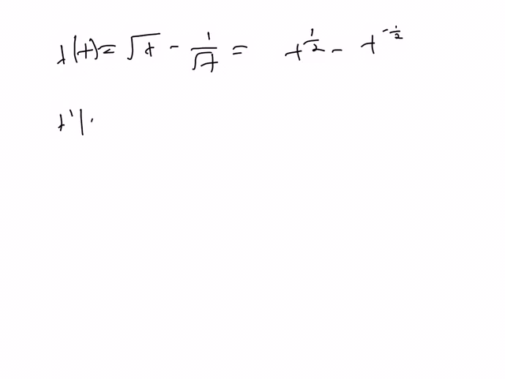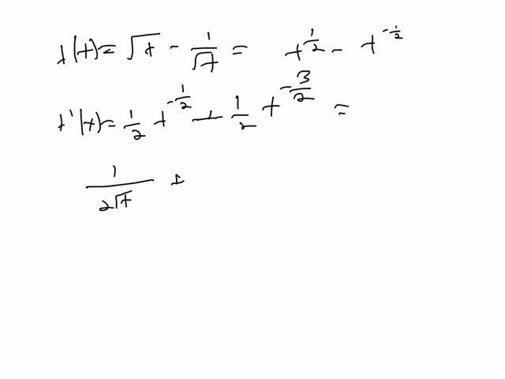So if we take f prime of t, we're going to get a half t to the negative a half minus, then minus a half, so this becomes a plus, t to the negative 3 over 2, which is equal to 1 over 2 square root of t plus 1 over 2 t to the 3 over 2, which is the same as 2 t square root of t, right?